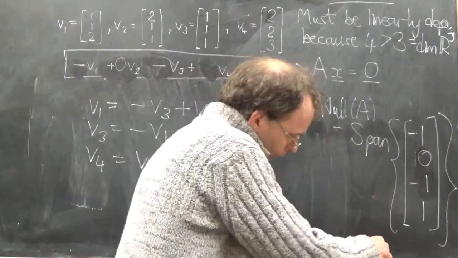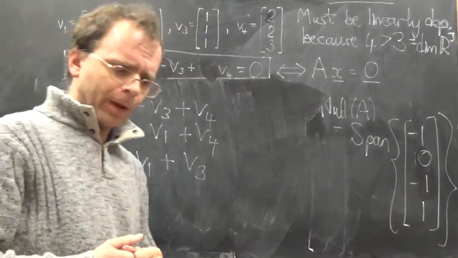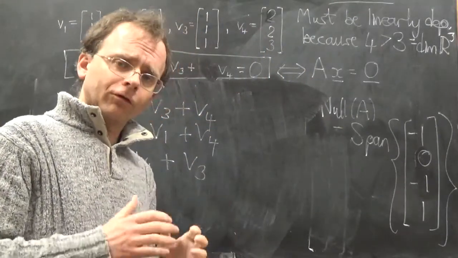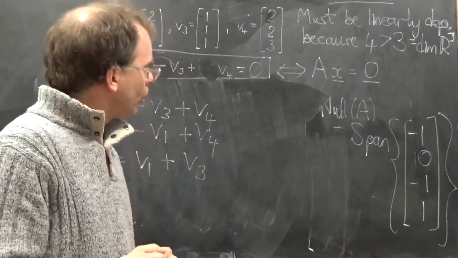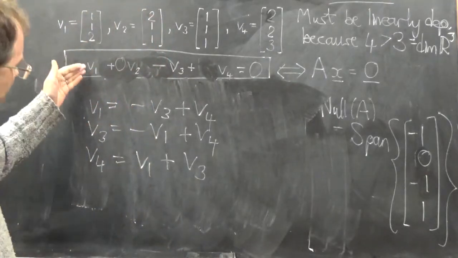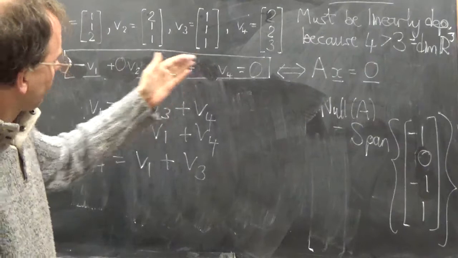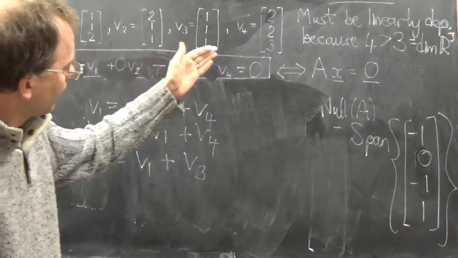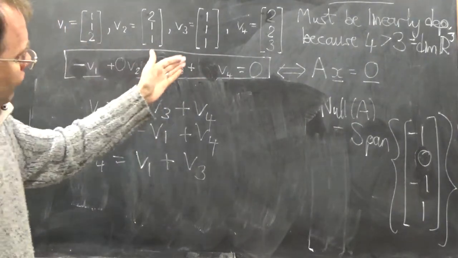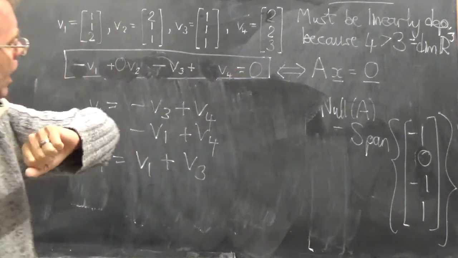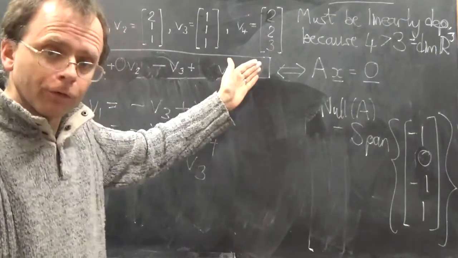So remember, this is an alternative way of looking at linear dependence. A set of vectors is linearly dependent. One way of looking at it is that there's some linear combination of those vectors, not all of whose coefficients are 0, that comes to the 0 vector.